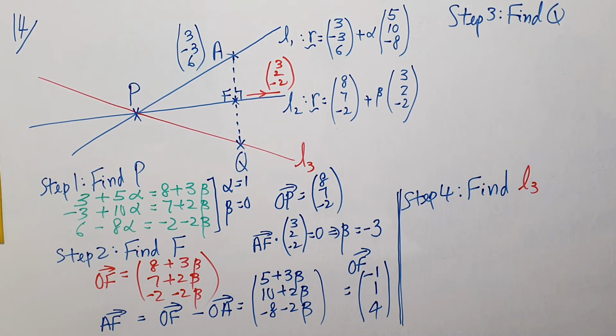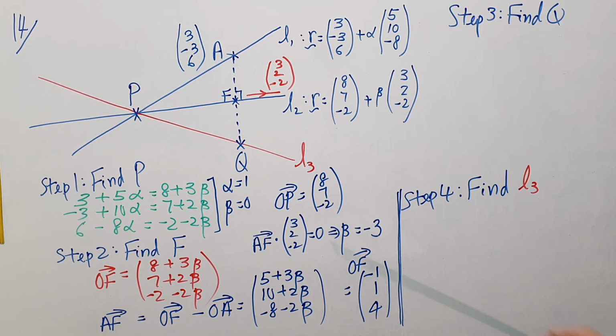Let me check again. I put minus 3 inside here: 8 minus 9 is minus 1. Put minus 3 inside here: 7 minus 6 is 1. Minus 2 plus 6 is 4. So I get my vector OF from here.